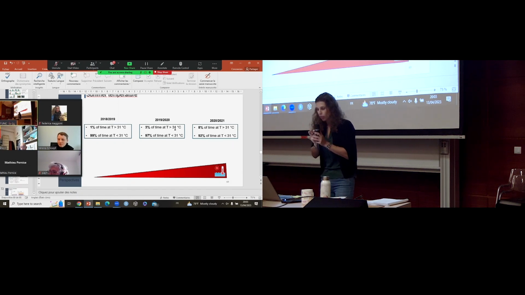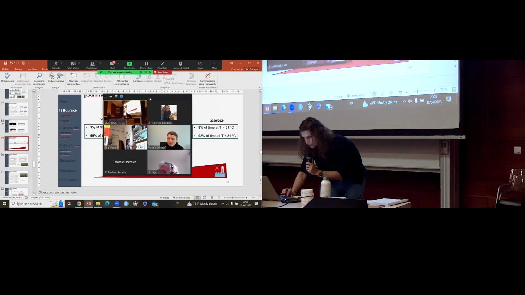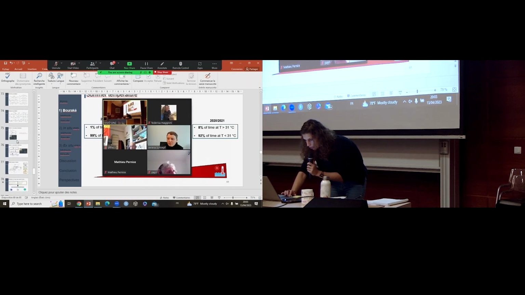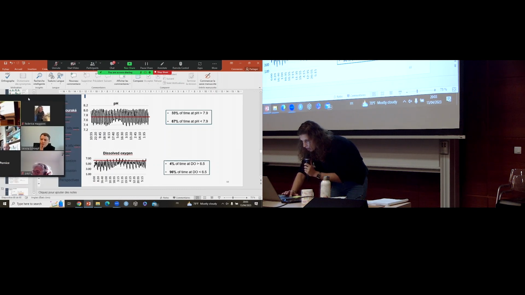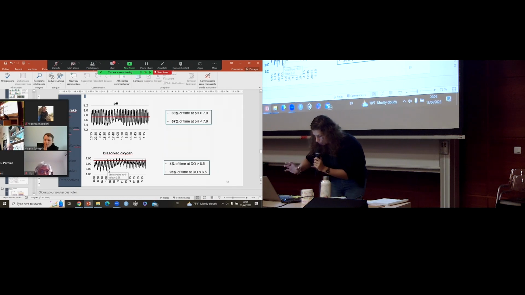Yeah, actually, in Bourraquet, for the dissolved oxygen, for example, it was always extreme if we compare to a control site. So when we look at the periods in Bourraquet, almost 100% of the time, the dissolved oxygen is lower than 6.5.